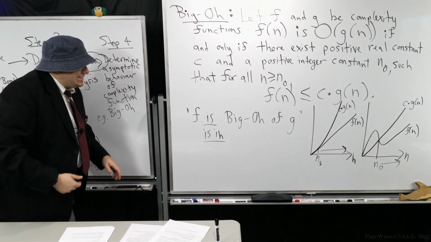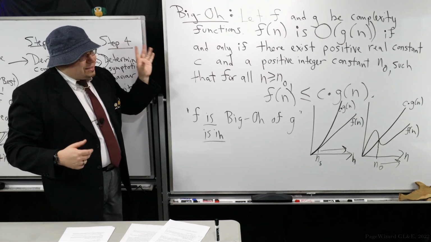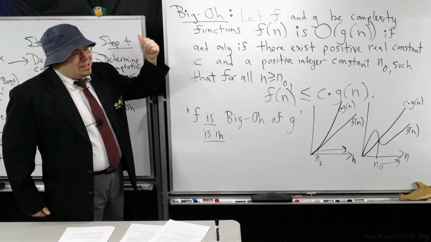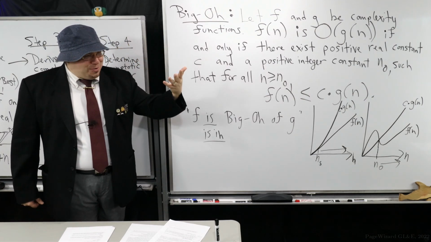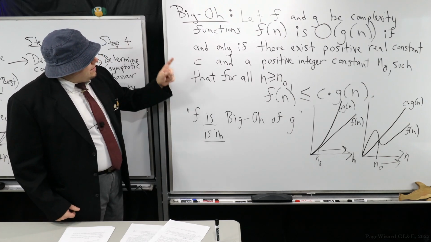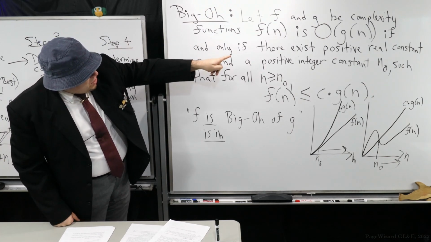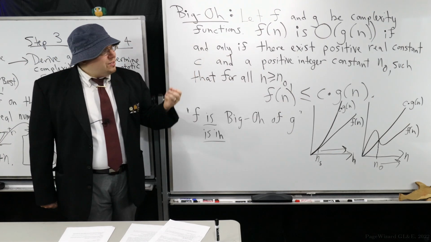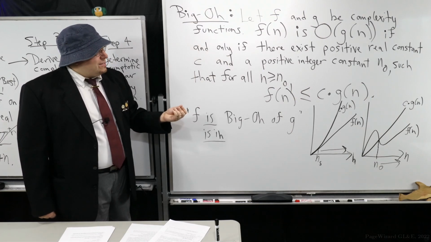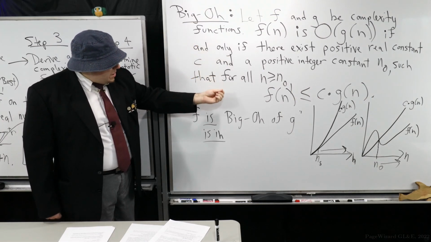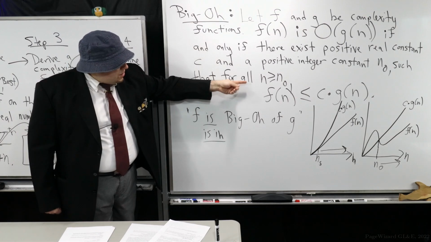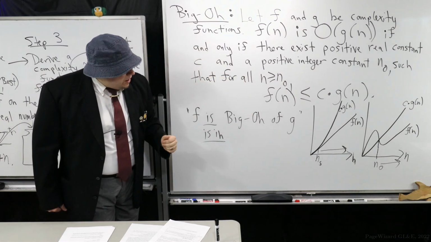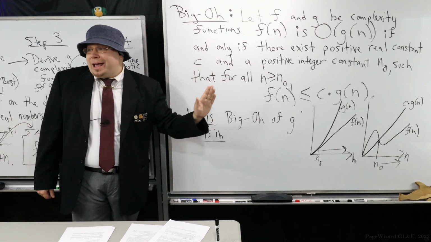So the key things I want you to identify from this definition are that the game is simple. I usually like to call it the game plan. The definition says that there exist these two constants, the C and this positive integer constant n0. As long as these two constants exist such that this inequality holds for all n greater or equal to n0, after that point, which could be that point or anyone after it.